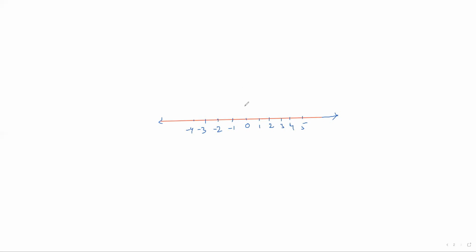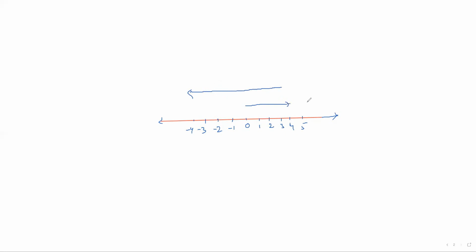On the number line, if you move towards the right, the value of the integer is increasing. In the same way, if you move to the left on the number line, the value of the integer becomes less and less.